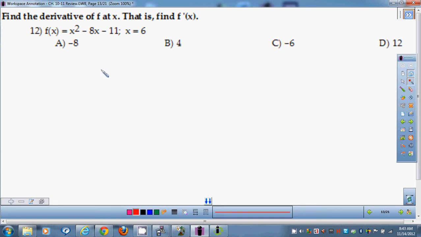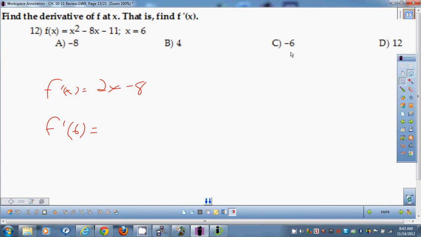And what would that give me as a formula? That's exactly what it would give you. Now we just need to find f prime of 6. Plug in 6 into that and what you get. You do get 4.